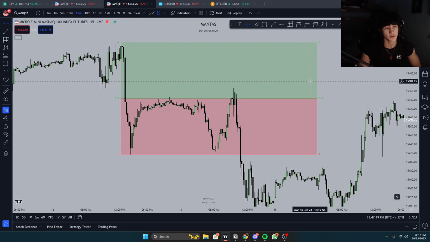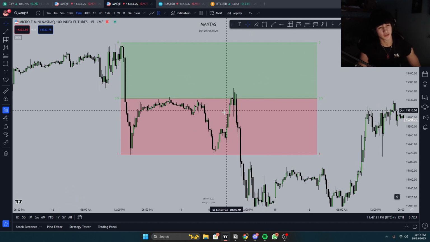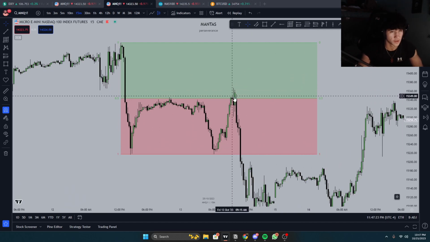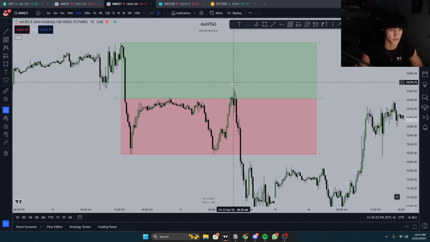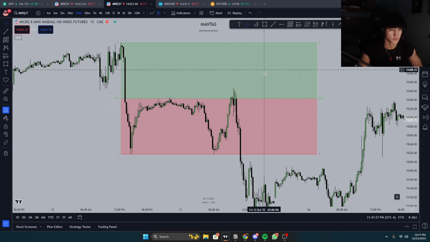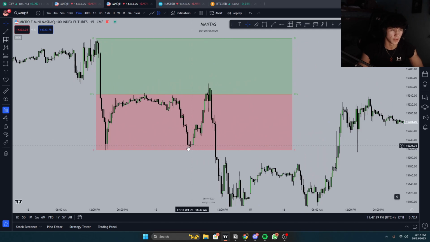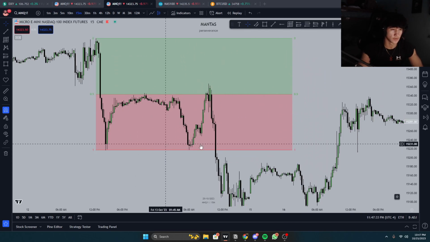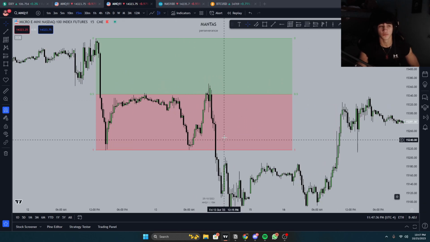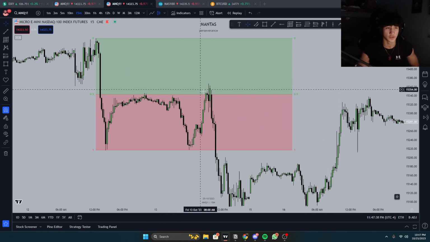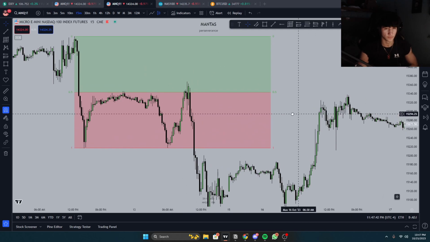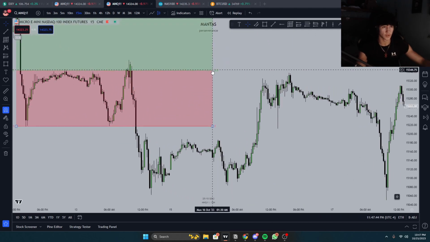These people are greedy. They want to get the best prices possible. So up is green, this is premium, down is red, it's discount. So I'd only be looking for shorts in the premium, which is green, and look for longs in the red. Can you show us a vice versa example as well, please?